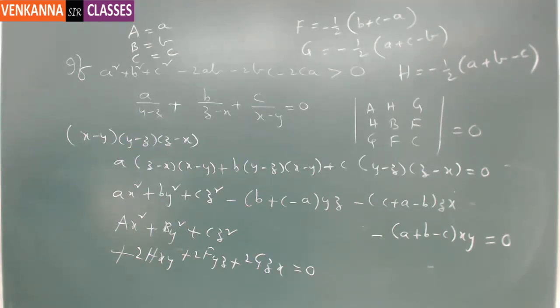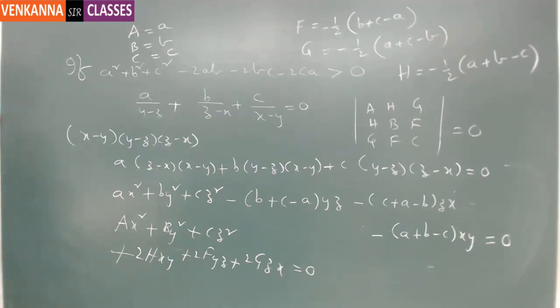You can write in any order. Whatever the order you write, you are simply writing the coefficients by comparing the equation, right? A stands for x square coefficient, B stands for y square coefficient, C stands for z square coefficient, H stands for xy coefficient, like that. Order is not at all important. We simply consider the respective coefficients. That's it. Is it clear now? We don't bother about the order.